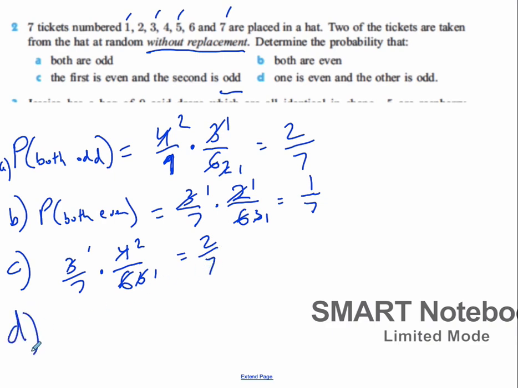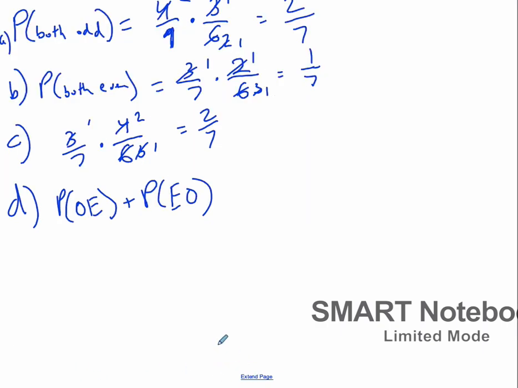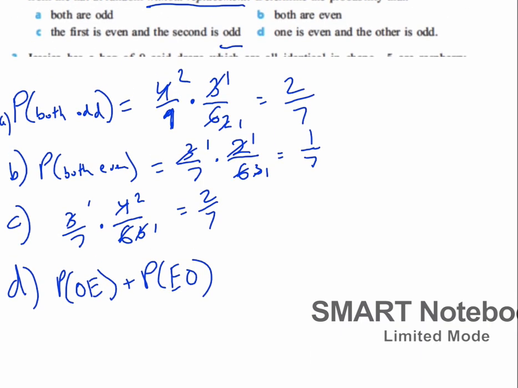Okay, probability one is even and the other one is odd. So that's the probability of odd-even plus the probability of even-odd, because you could get an odd then an even, or an even then an odd. So we're going to add those together. Did we work one of those out already?